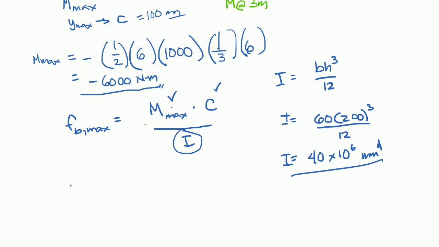By direct substitution, F sub B max, the maximum bending stress or flexural stress, is negative 6,000 Newton meter. Now, you will notice that your C is in millimeters, and your I is also in millimeters. So, let's make this millimeters.